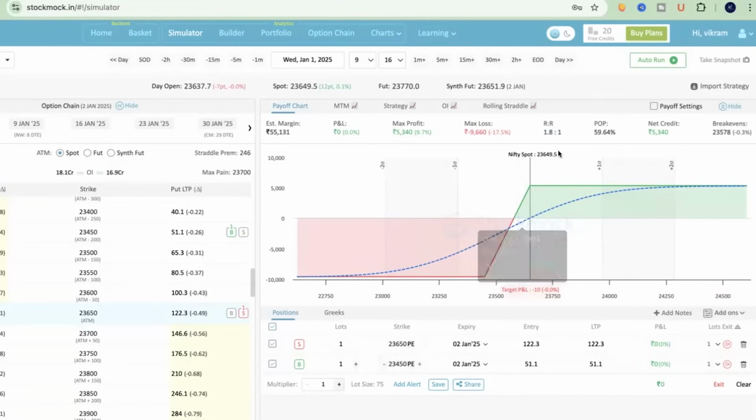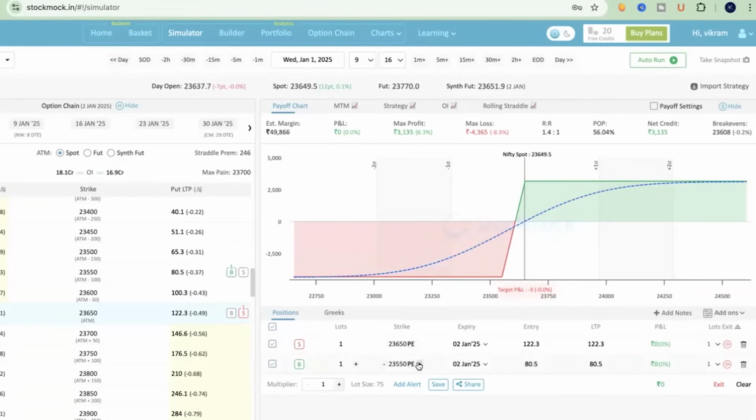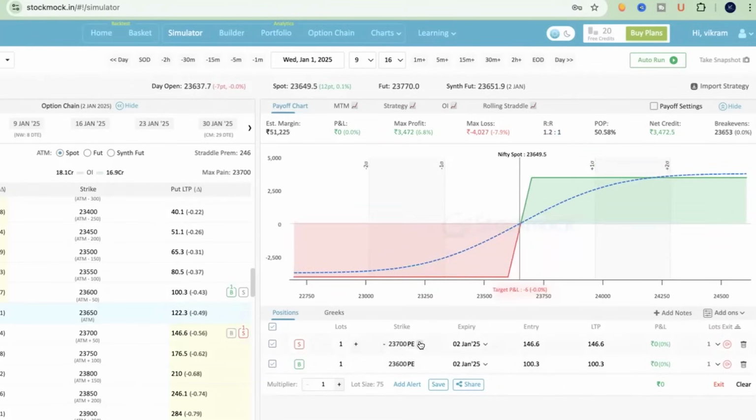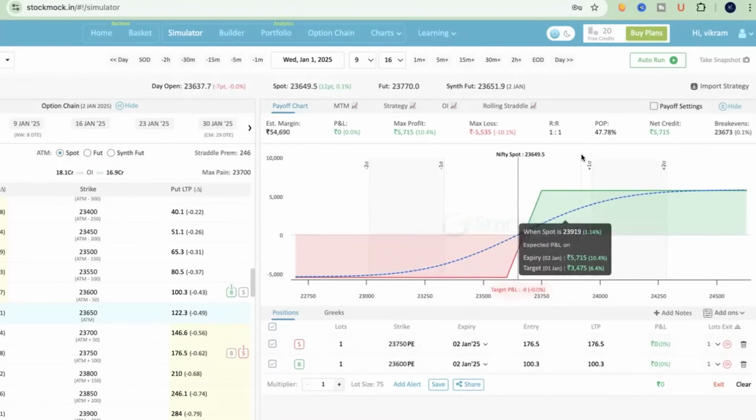So what you can do is adjust the strike price so that your risk reward gets better. How can you do it? Reduce the difference between both the strikes. Now you have reduced the difference between both the strikes, but still you can see that risk reward is 1:1.32. So let us reduce it a little bit more, and now you can see that risk reward is 1:1, right?